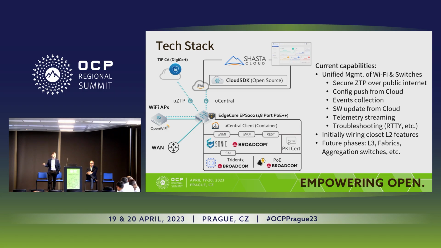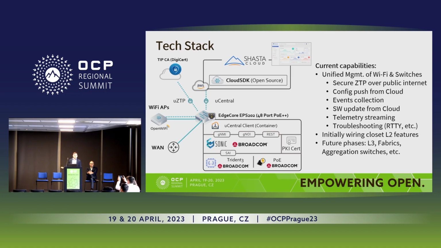So on top of this gNMI interface, there is a new so-called uCentral client container. On top of this gNMI interface, which is part of the management framework in SONiC, there is a uCentral client. uCentral is the cloud management protocol, which is now heavily used for OpenWiFi.